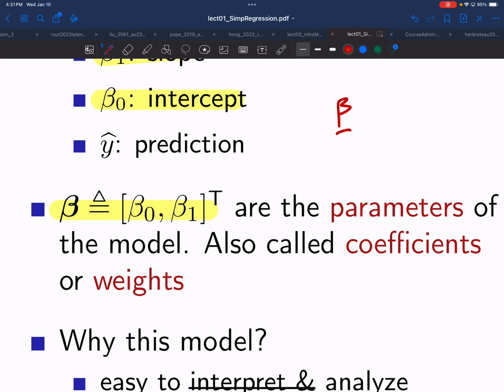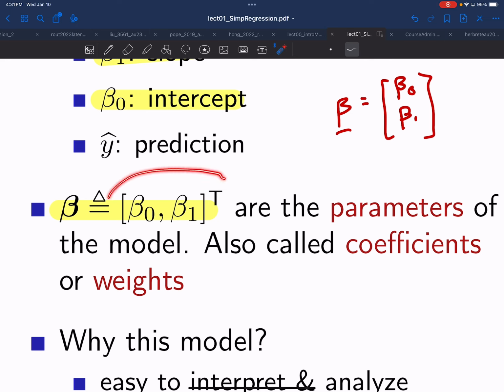So another way to write this is beta. And if I have to write something by hand, it's hard to do the boldface, so I'm going to write an underline under it. But what we're saying is beta is this column vector. And the reason why I want it always to be a column vector is so that you don't have to wonder whether it's a column or row vector. You just know it's a column vector. Now, if you take that column vector and put a transpose on it, then it becomes a row.